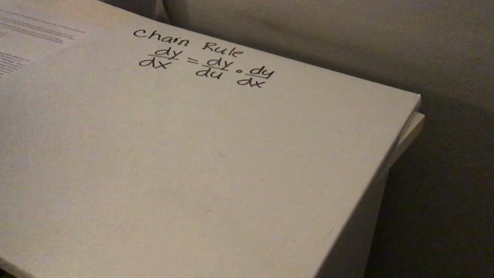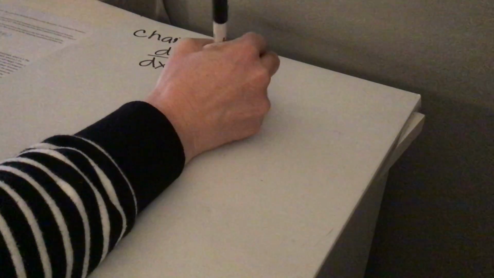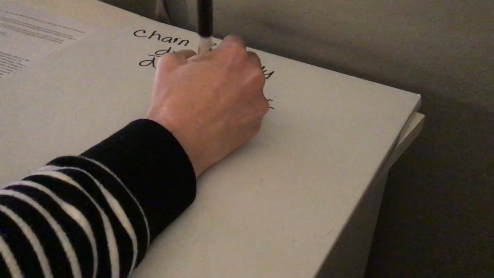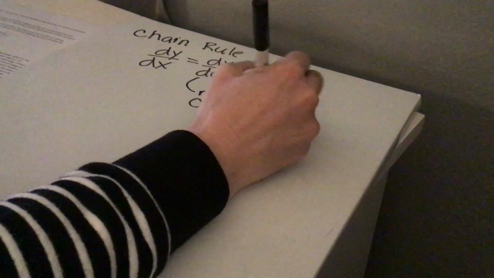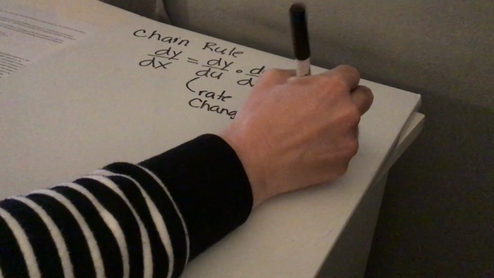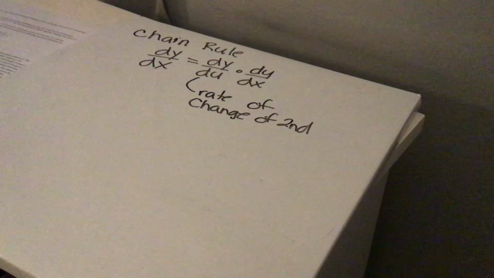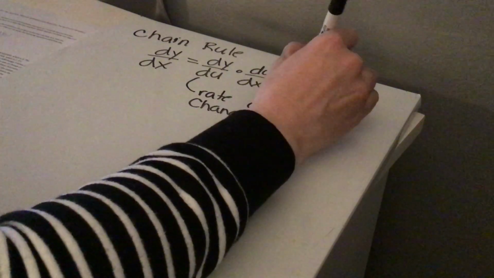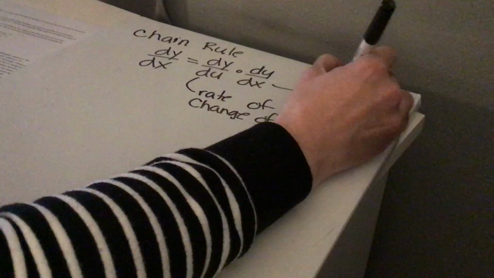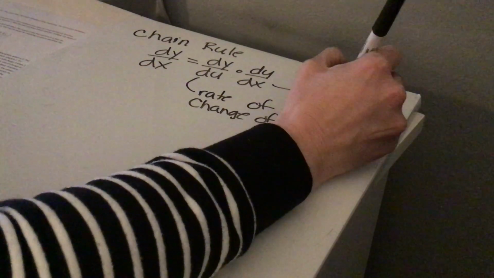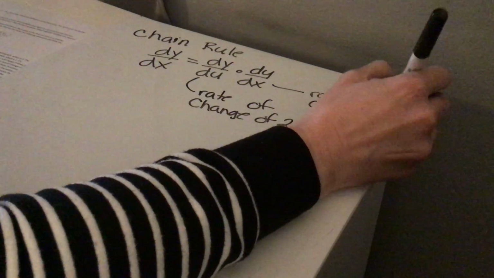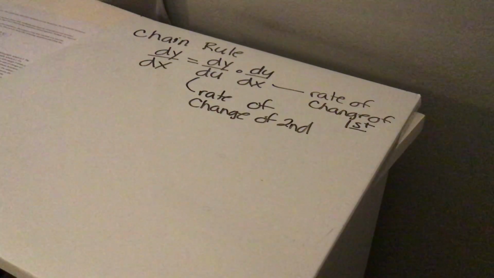So the first part of the product is the rate of change of the second function, and the second part is the rate of change of the first. So that's our chain rule.